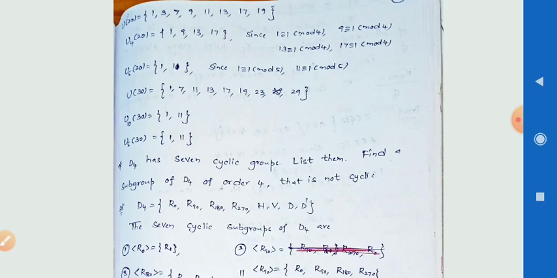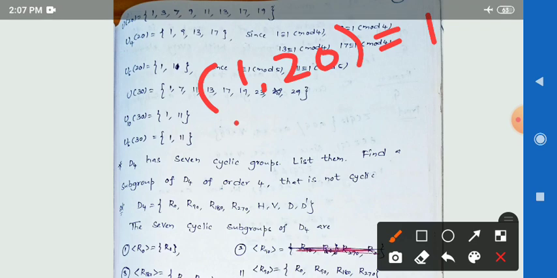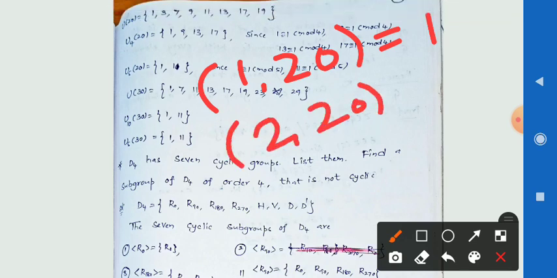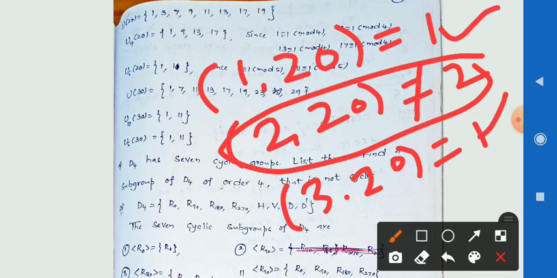This can be checked like this: GCD of 1 comma 20 is 1, and GCD of 2 comma 20 is 2. Here we take the GCD of the elements, for example 3 comma 20, whose GCD is 1. So 1 and 3 are taken. 2 is not taken because the GCD of 2 comma 20 is 2.